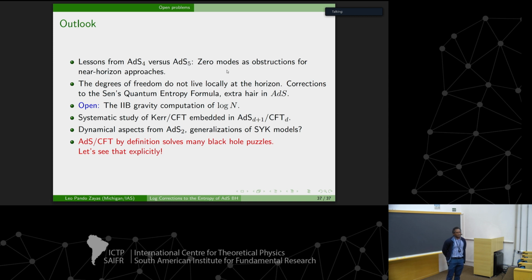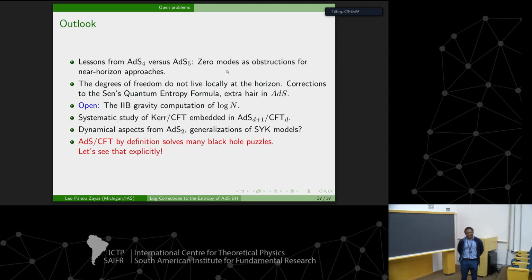But I had an easier question, if I may, related to the AdS5 black hole computation that you said in type IIB is very complicated. Did you try, or could you try, looking at the heat kernel computation in 5 dimensions and then get some mileage from there? Like you did for the 4-dimensional case, but then taking into account the zero mode somehow.